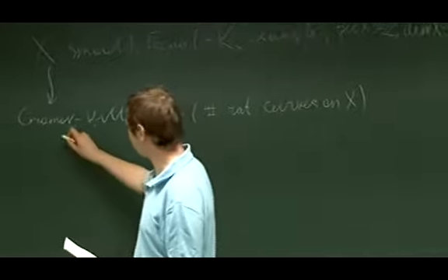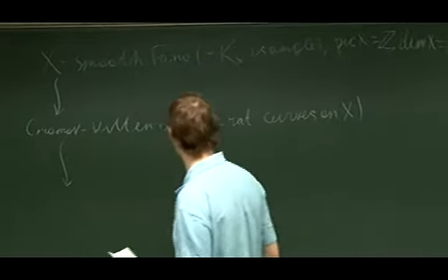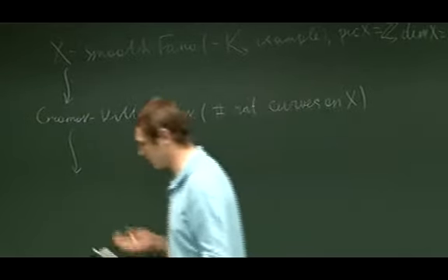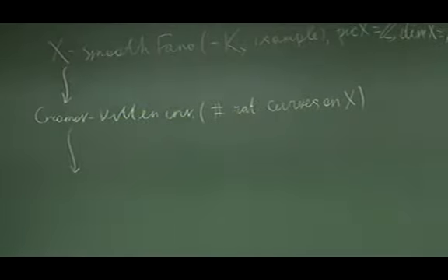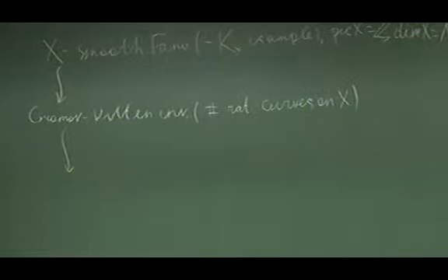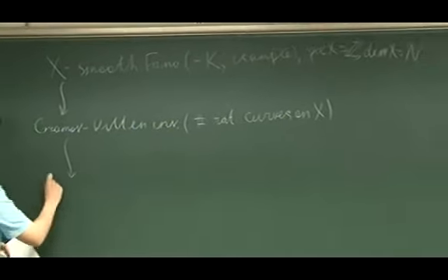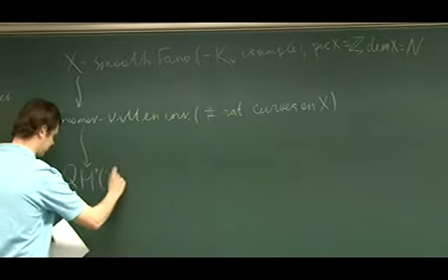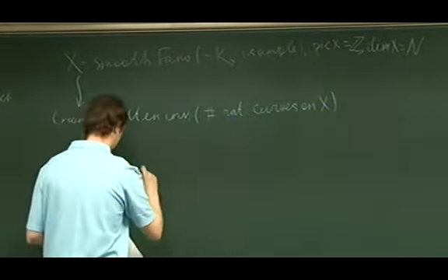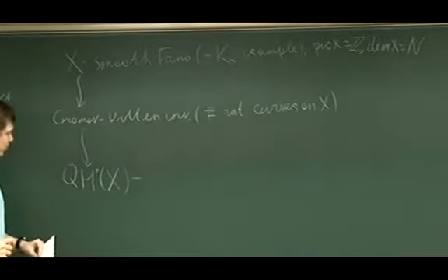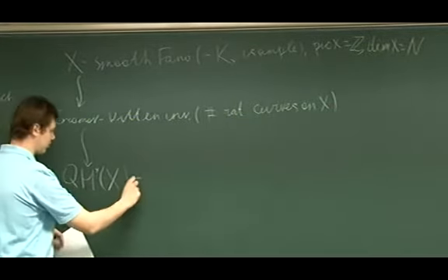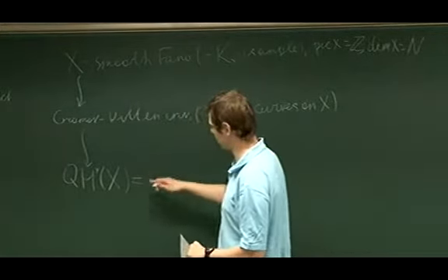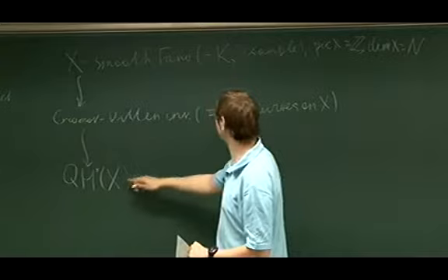But anyway, these invariants, or part of them as a basis in some sense, define the so-called quantum cohomology ring. It's a deformation of the ordinary cohomology ring. So as a vector space, it's just polynomials in one variable.